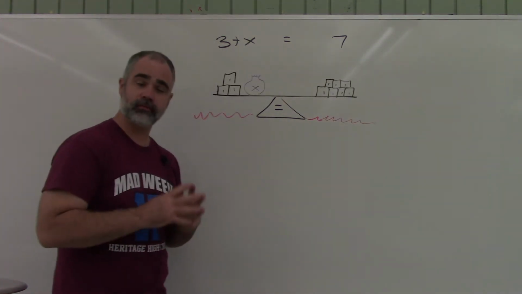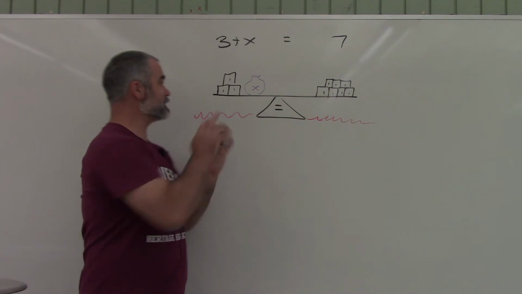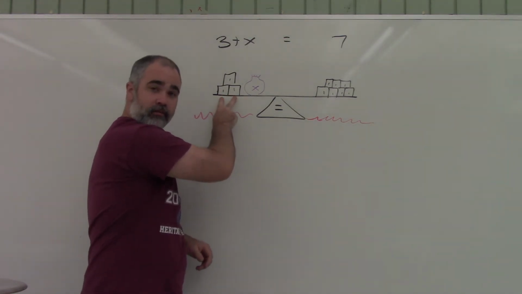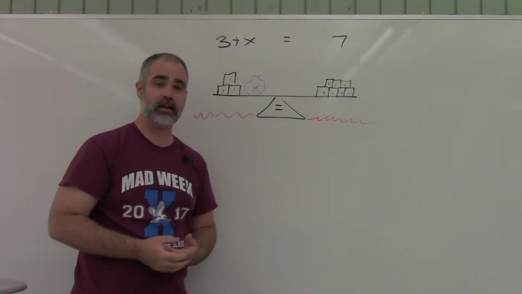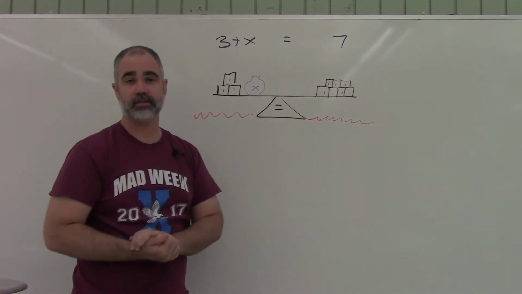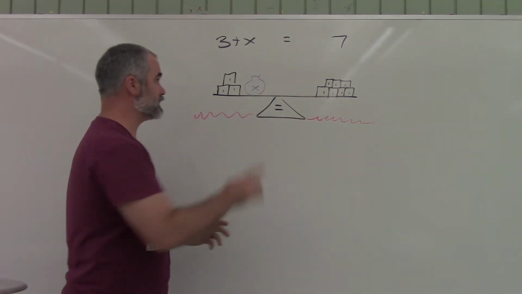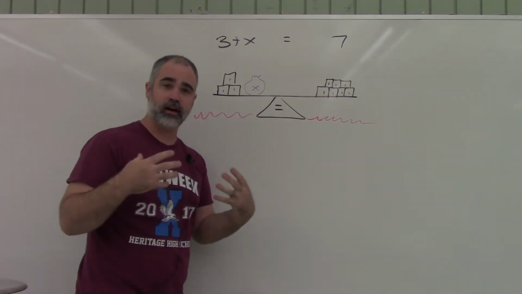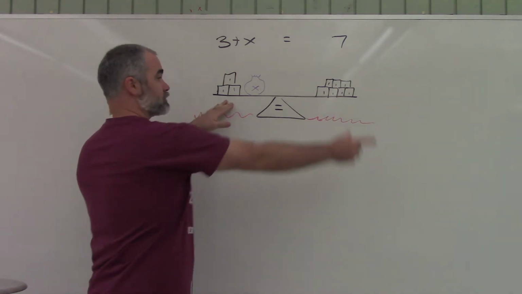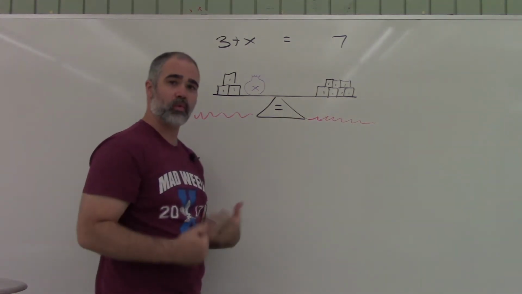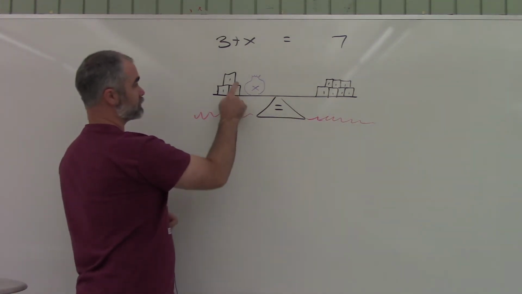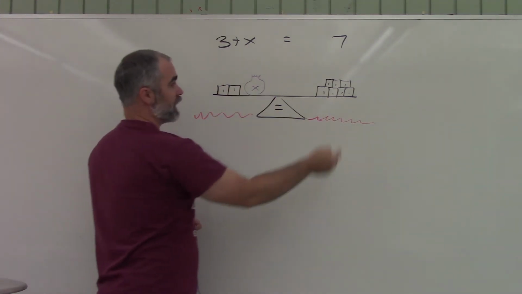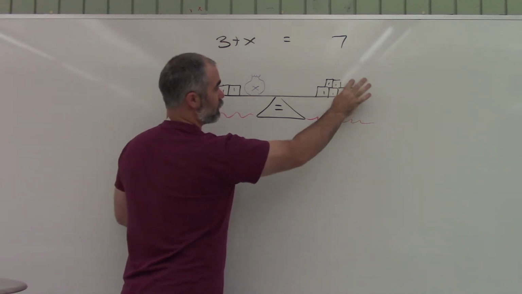All right, so if I want to get just the X by itself, I need to take away these 3 things here. So I can have the X on one side of the balance beam and the weights on the other side. But if I want to keep it balanced, I need to take these 3 away, and I need to do the exact same thing over here. So if I'm removing 3, suddenly this weighs more. But if I take the same amount away from both of them, say I take 1 away, I have to take 1 away over here as well.